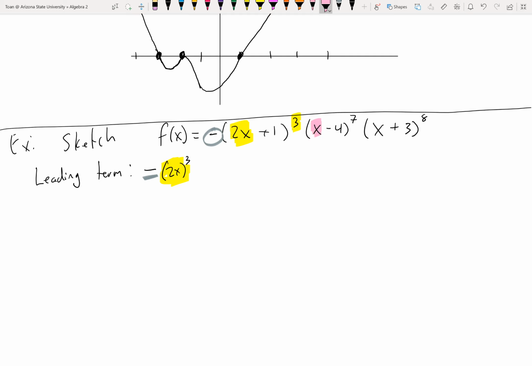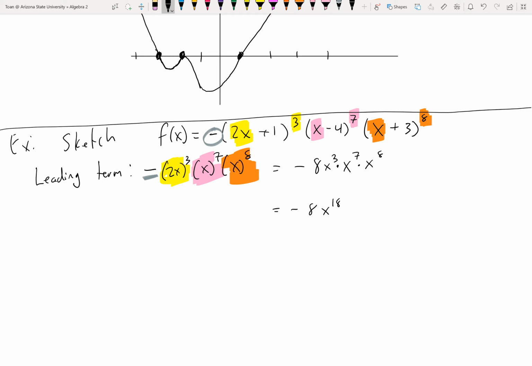I have my x with a 7th power. And I have an x with an 8th power. Then you just go ahead and multiply them all out. So we have a negative 8x cubed, x to the 7th, x to the 8th, which is negative 8x to the 18.